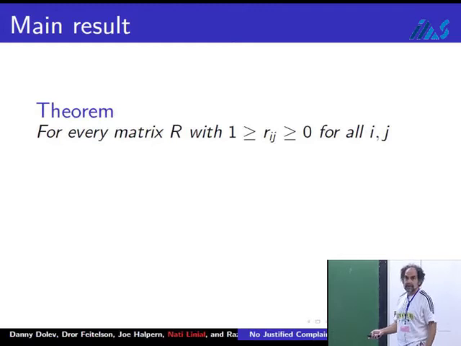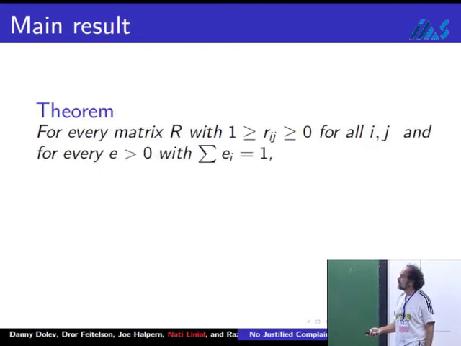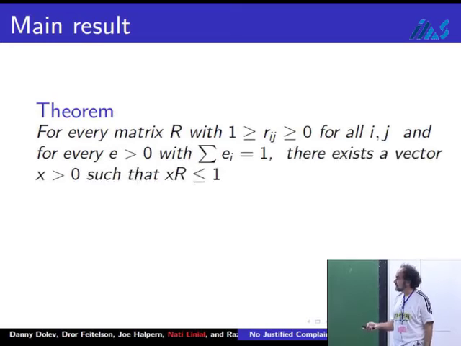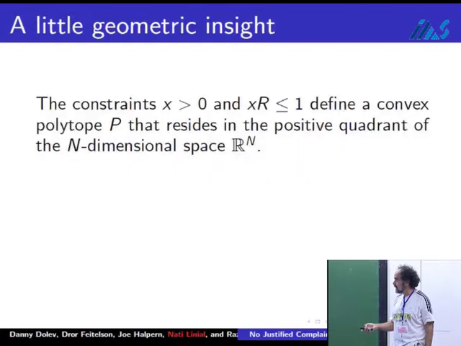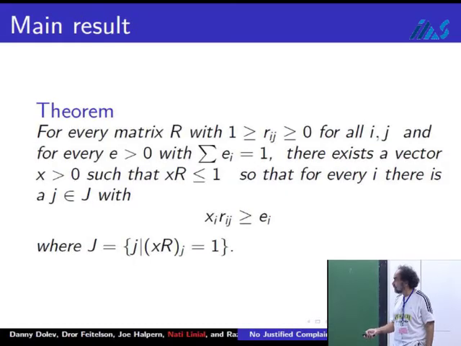So here is the theorem. The theorem is that such a solution always exists. So give me a matrix of R_ij, which are between 0 and 1. Give me entitlements, which are positive and add to 1. Then there exists a vector x that's positive, such that xR is less than or equal to 1, so that for every i, there is a bottleneck index j for which x_i times R_ij, how much user i is receiving from resource j, is at least this user's entitlement, and where j is defined.